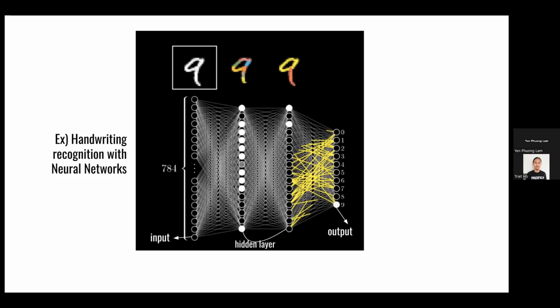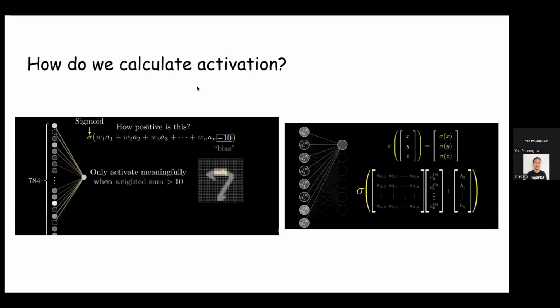So I will talk about how we calculate the activation. Activation is each neuron here, and it is mostly limited between 0 and 1. We use this formula to calculate it. We take A1 multiplied by weight 1, then add A2 multiplied by weight 2, and we go on with the process until the last neuron.